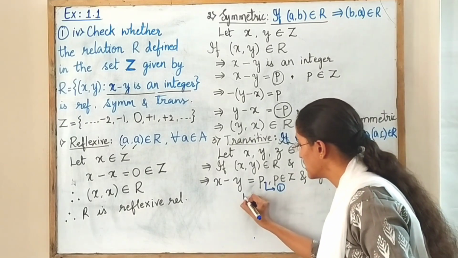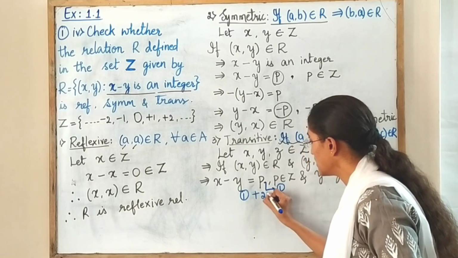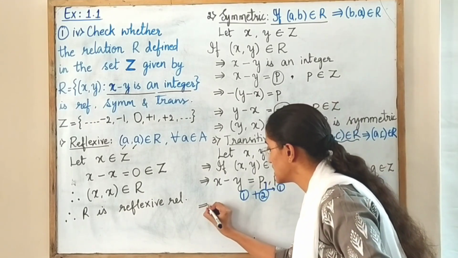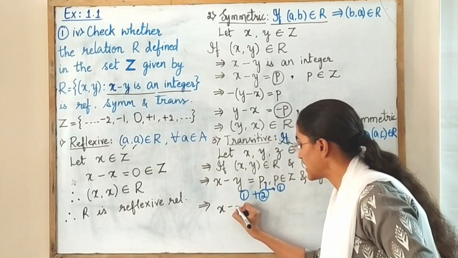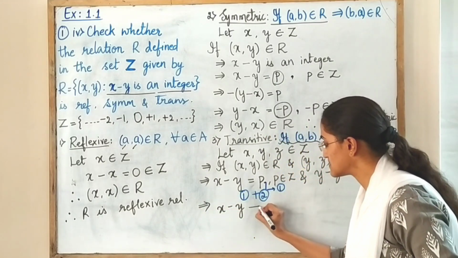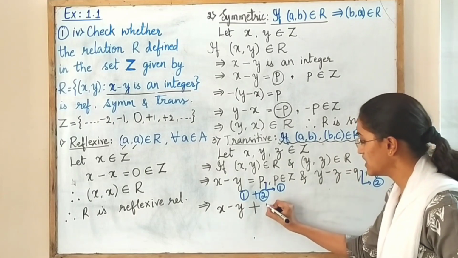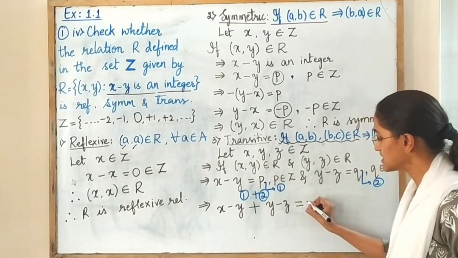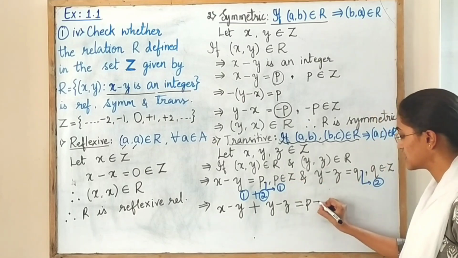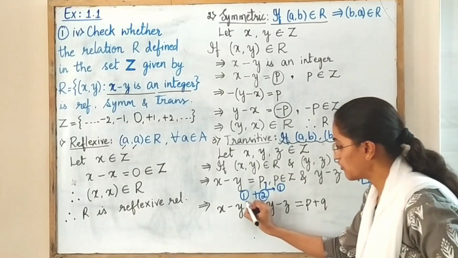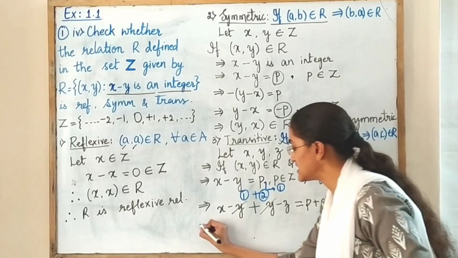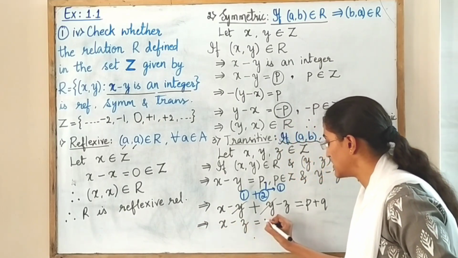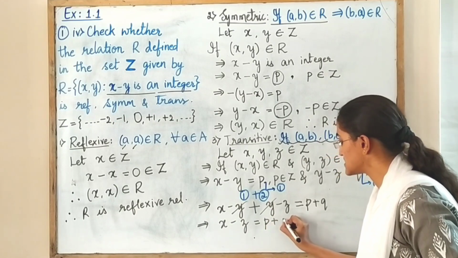Adding these two equations, we get X minus Y plus Y minus Z is equal to P plus Q. Now, minus Y and plus Y get cancelled and we are left with X minus Z is equal to P plus Q.